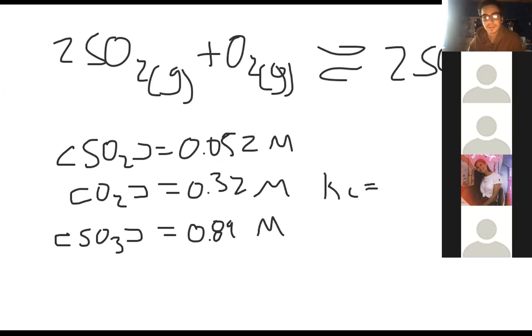SO3. So it'd be SO3 raised to the second power.